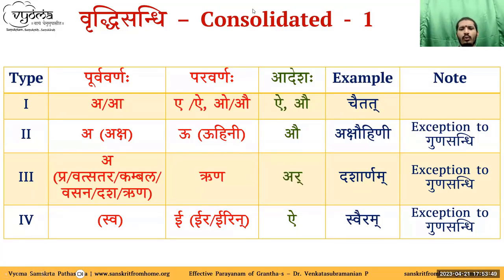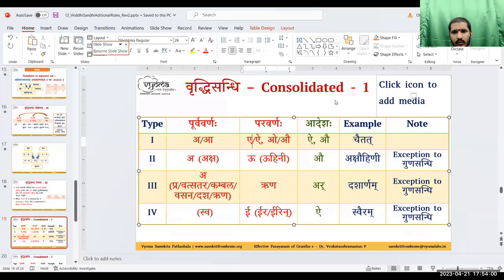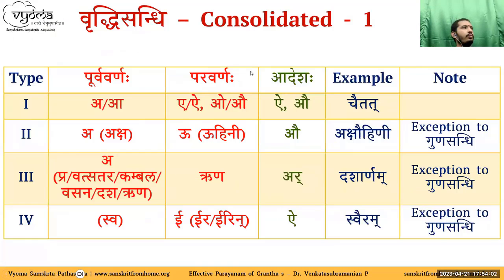This is the general rule of Vriddhisandhi, which is taught in all the schools, all the grammar classes, etc. We saw an example also. Chaitat, Shrutva Chaitat Trilokadhyam was the shloka example. So, Chaitat, Cha Etat, iti tatra Vriddhisandhi bhavati.